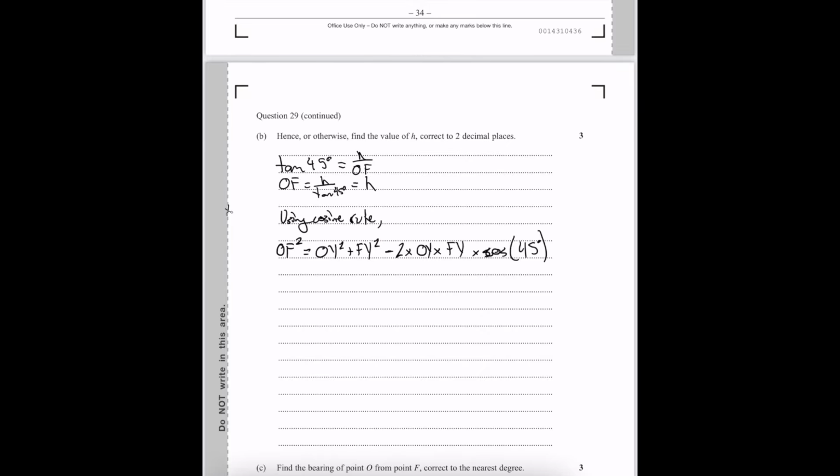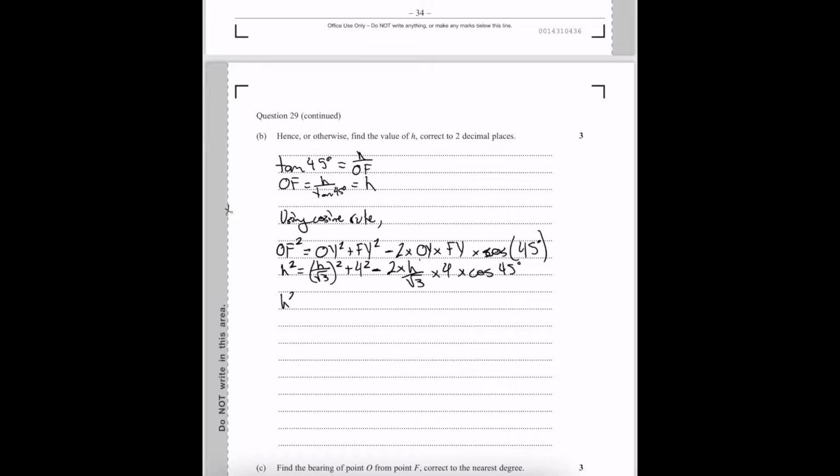If we substitute our values here, we get h squared is equal to h on root 3 squared plus 4 squared minus 2 times h on root 3 times 4 times cos 45 degrees.